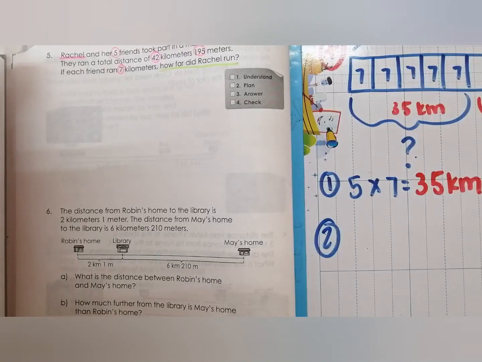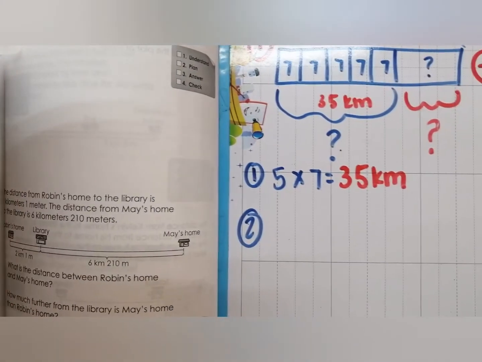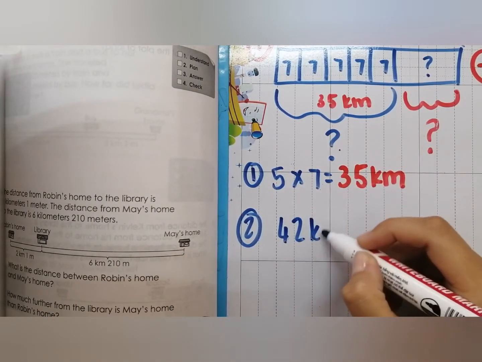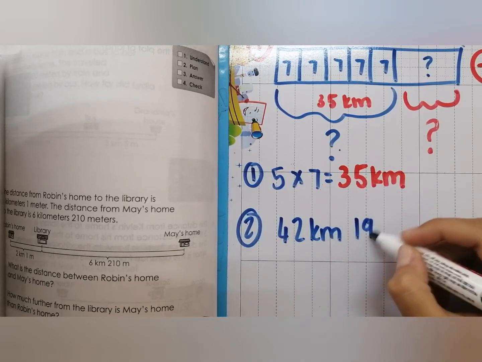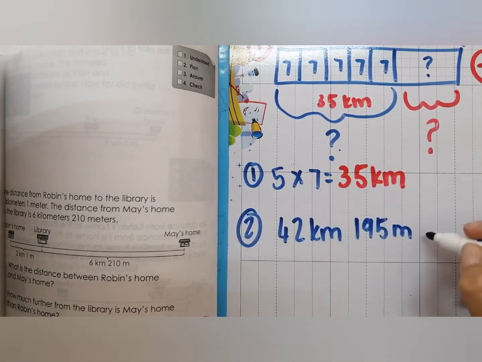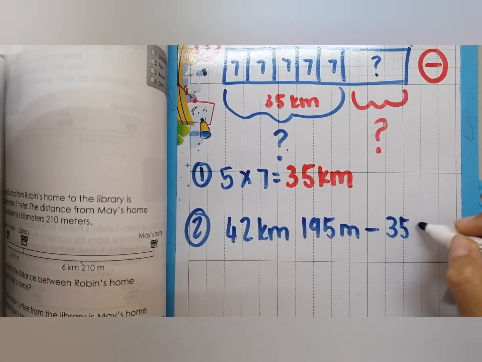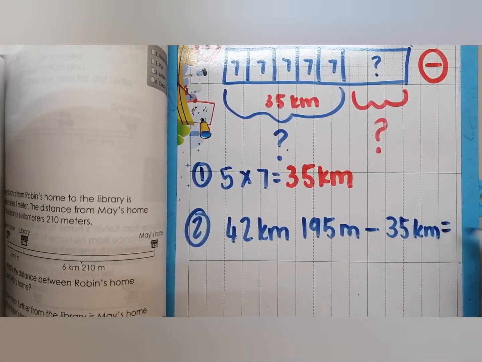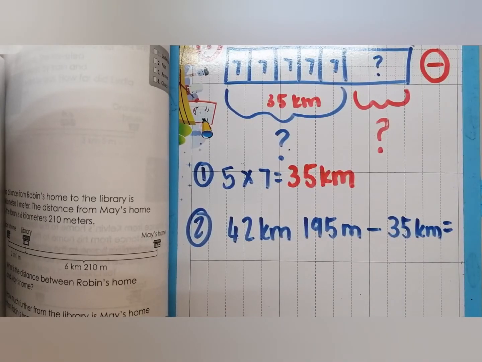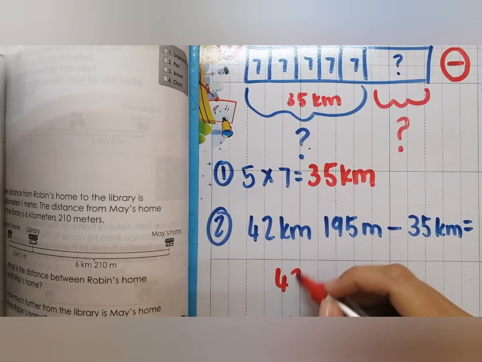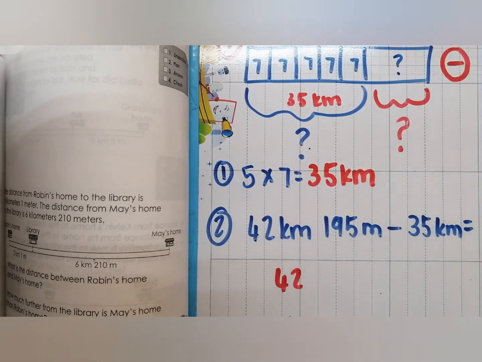Excellent. Now we can find out how much Rachel ran by subtracting her friends' distance from the total distance. And that sum will be, let's get this in here, 42 kilometers, 195 meters, minus 35 kilometers equals. Well, that's very easy. All we need to do is say 42 minus 35, and that equals 2 minus 5.